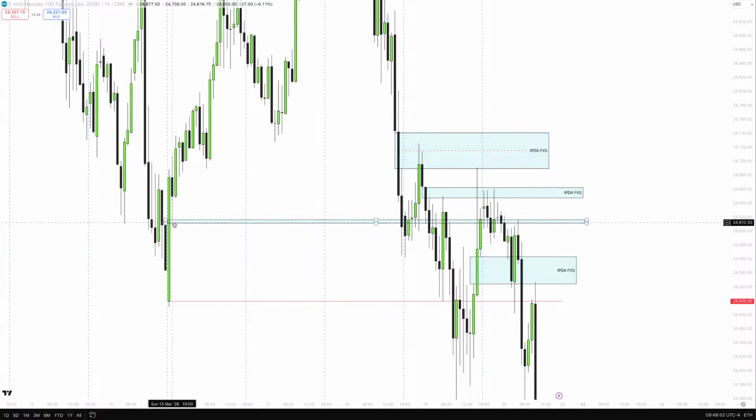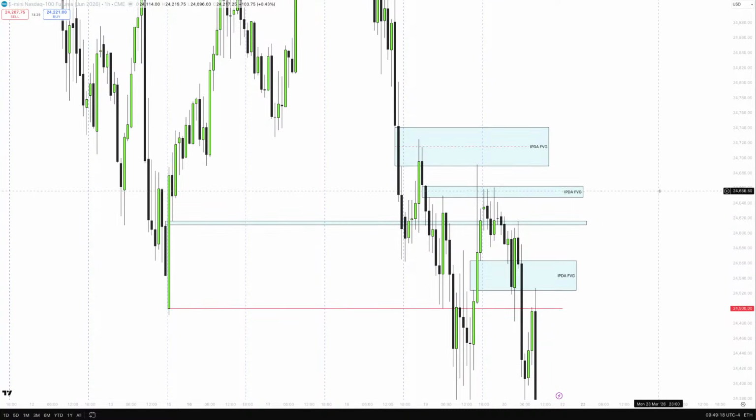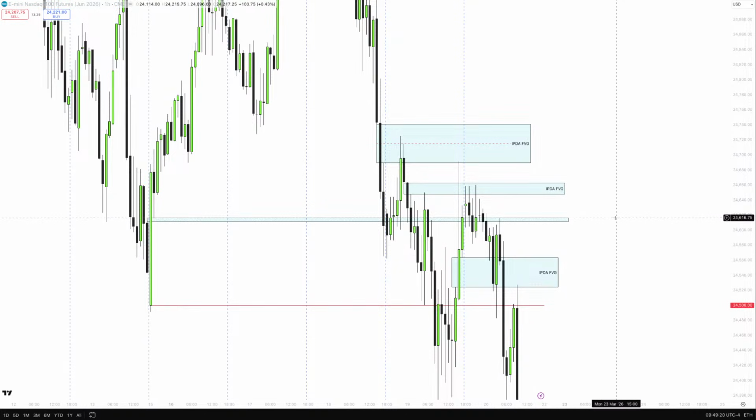If you look at that IPTA FVG, the high of that IPTA FVG is 24,616.75. And here the high is 24,616.25. So that is pretty much to the tick.